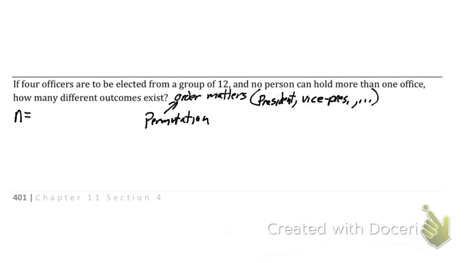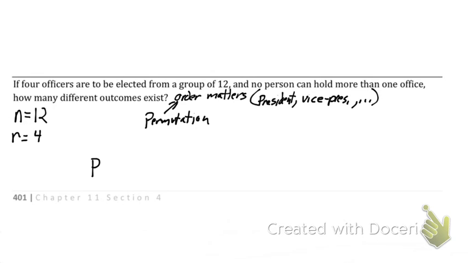So I need to find how many items I have to pick from. Well, we have 12 people in the group, so our total number of people is 12. And we're picking 4 officers. So that makes our r equal 4.